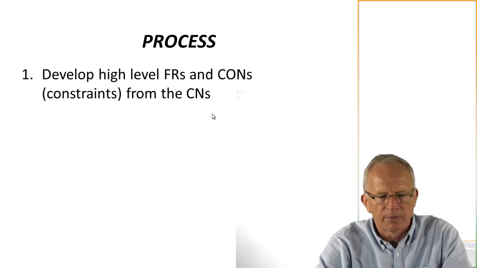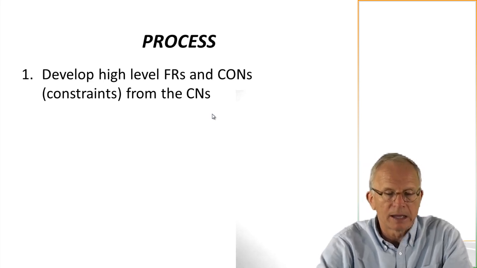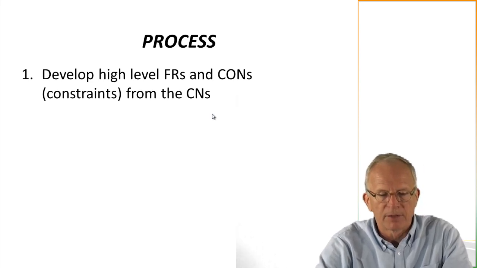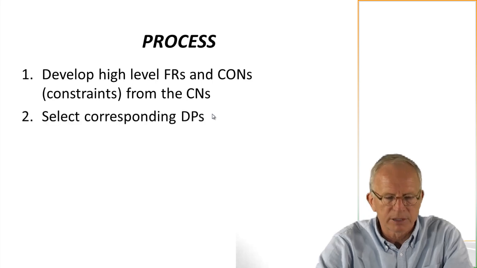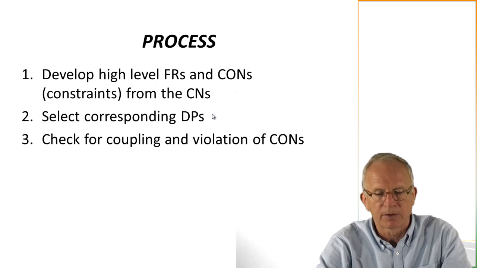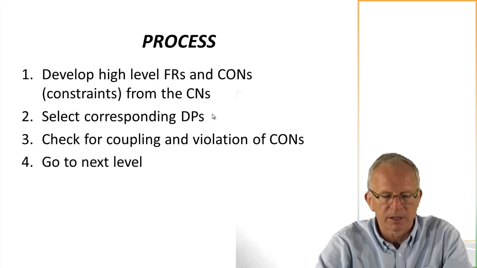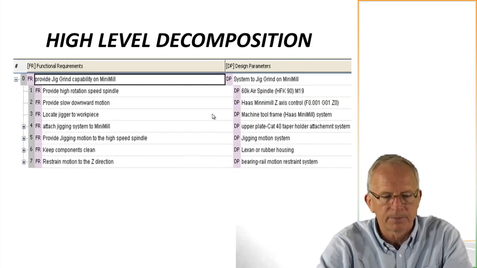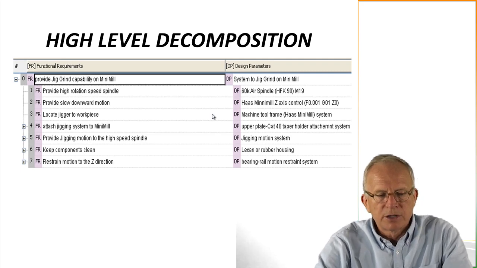And so first we're going to develop the high-level FRs and the constraints from the customer needs, select the corresponding design parameters, check for coupling in violation of the constraints, and then go to the next level. So here's the 0 level and the first level for the decomposition, the FRs and the DPs.